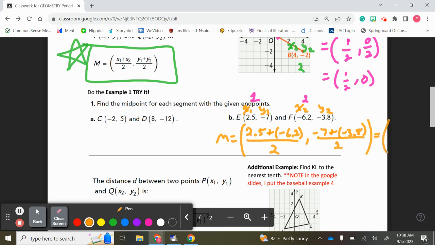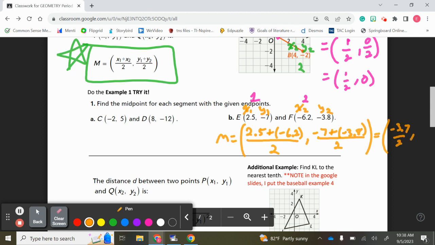All right, now someone tell me 2.5 minus 6.2, what do we get there? Negative what? Good. Perfect. So we get negative 3.7 over 2.